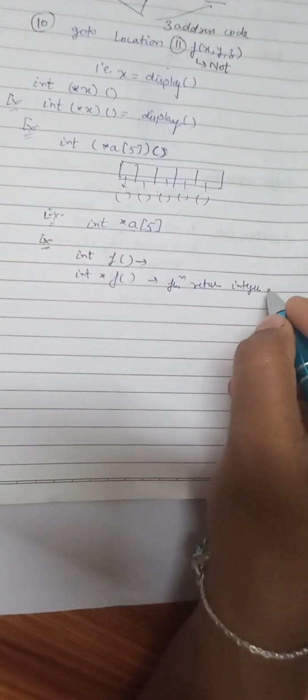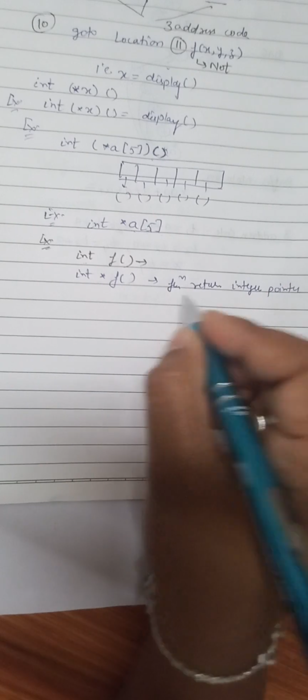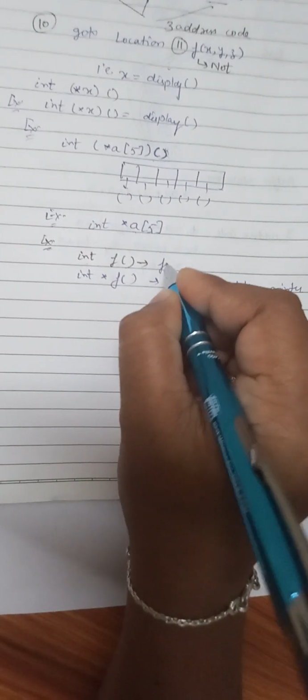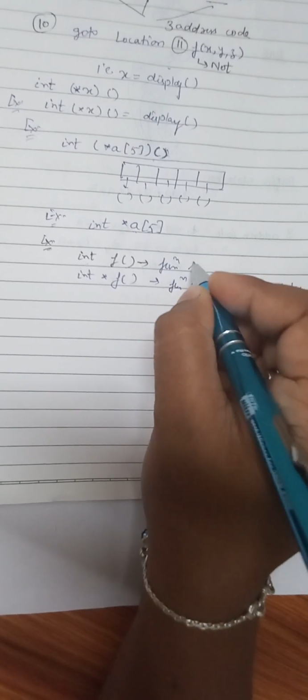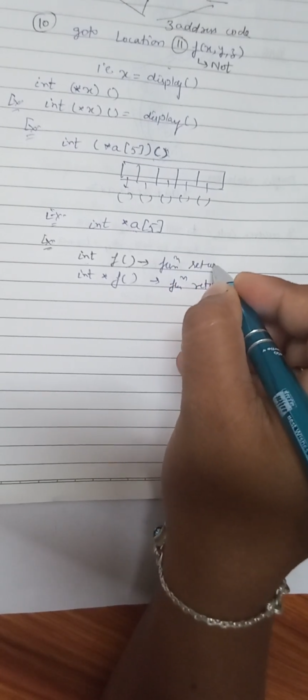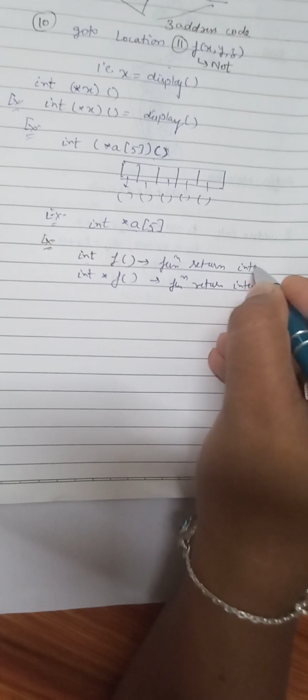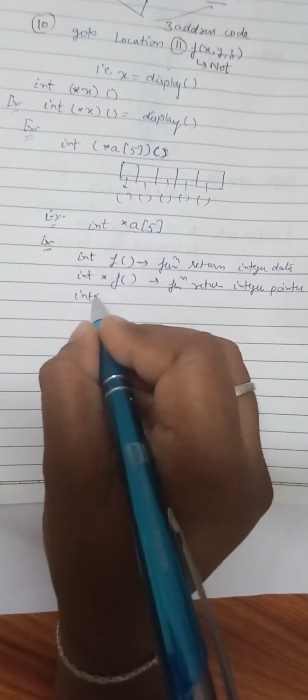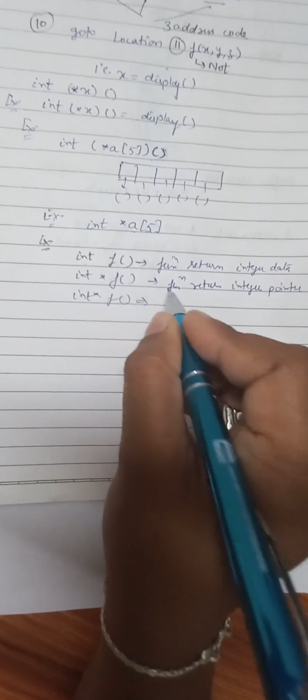Here, what is integer pointer? It is returning a function of integer pointer. And this one is only returning a function which is of integer data, not pointer, because here pointer is not there. And if we write like this, this is also the same.